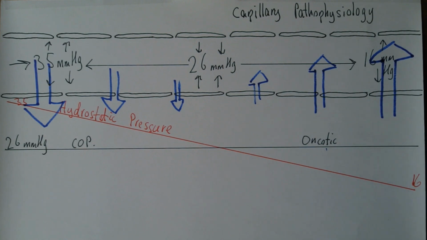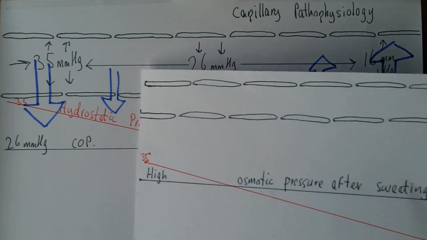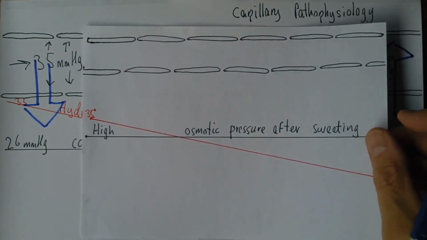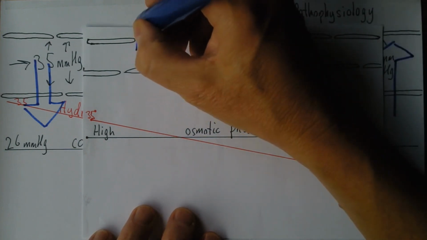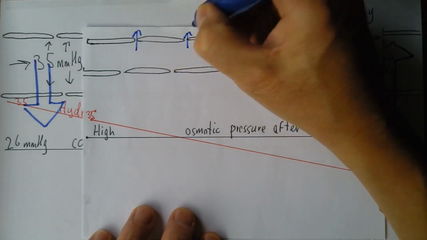Now I want to tell you about some abnormal situations, and the first one we'll look at, well, it's not really abnormal, is sweating. So here we have someone who's been sweating. Now if someone's been sweating a lot, the sweat is made from water, so they're going to have lost water from their circulatory system.